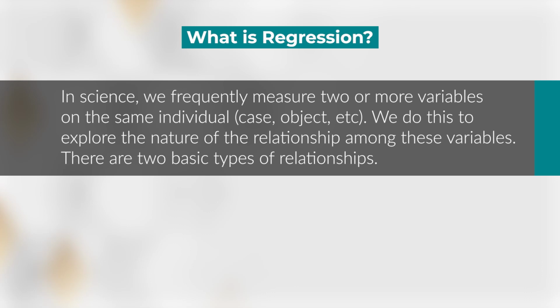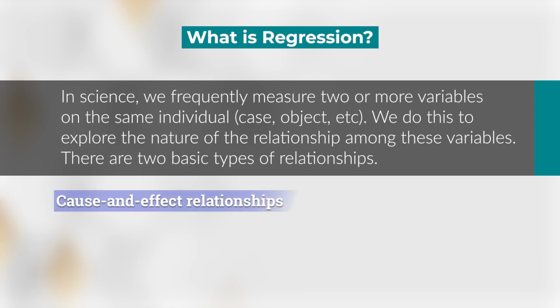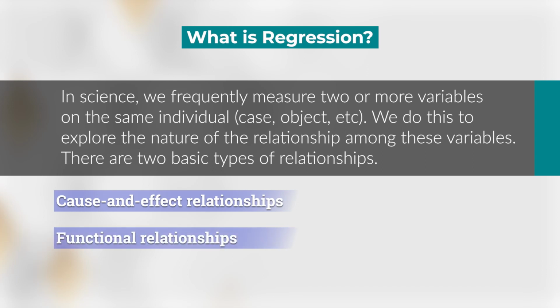Also, we want to explain the nature of the relationship between the variables, like how x and y are related. Either there is a cause-effect relationship or there is a functional relationship. In either case, we go by a mathematical relationship that predicts one variable corresponding to the value of another variable.